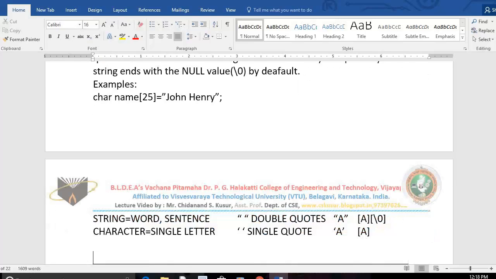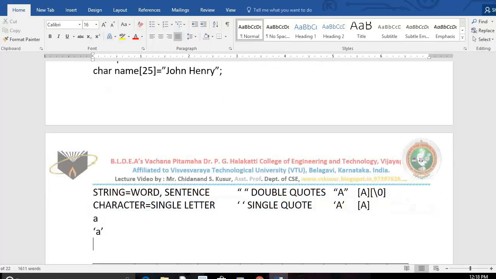In most interviews, a commonly asked question: A, single-quoted 'A' and double-quoted "A", what is the difference between these three? Can you tell me now? The first one is an identifier, the name of a programming element: variable name, array name, structure name, union name. The second one is a single character constant.